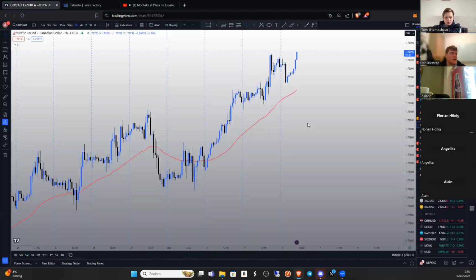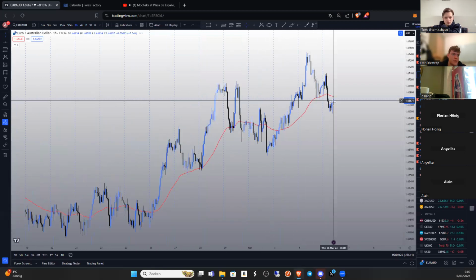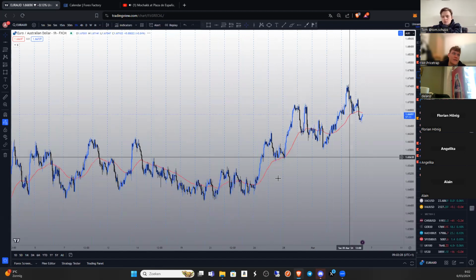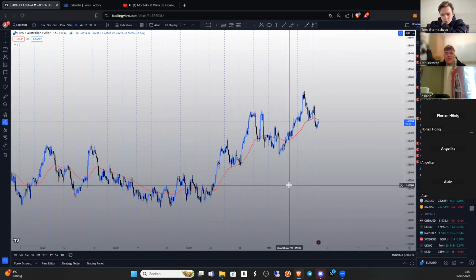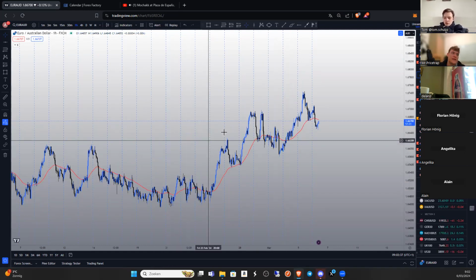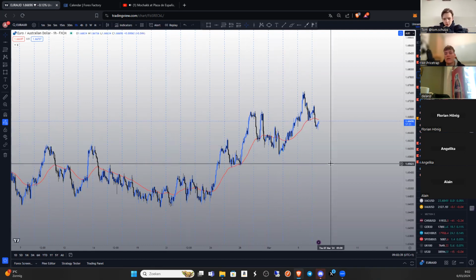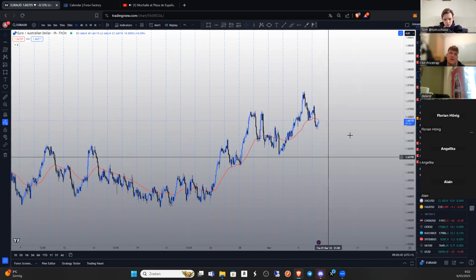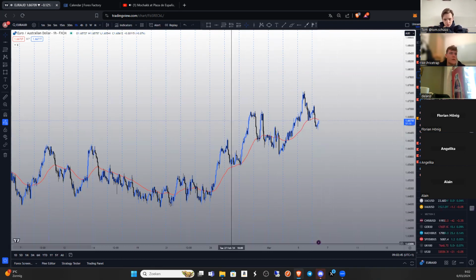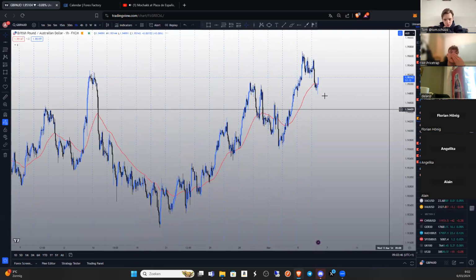I don't want to mess up with your AD at this point. First of all, because I'm not convinced about the structure we are seeing here, and second of all, you're now looking for the breakout retest to the downside. But does it look bearish if you zoom out a bit? Not really, right? We're really in that uptrending market, so I want to follow up on that uptrending market and not mess with these small moves there.